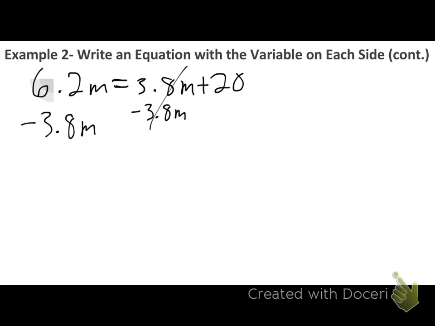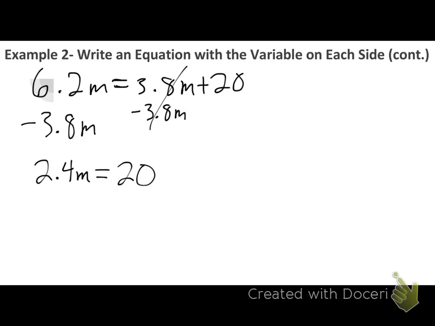Now, what is 6.2 minus 3.8? You guys have calculators, right? 6.2 minus 3.8 is 2.4. So 2.4 M equals this 20 over here.